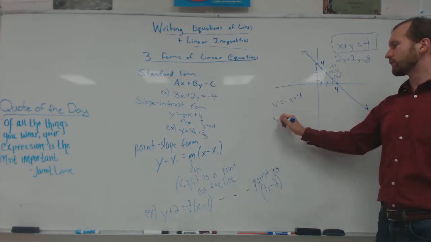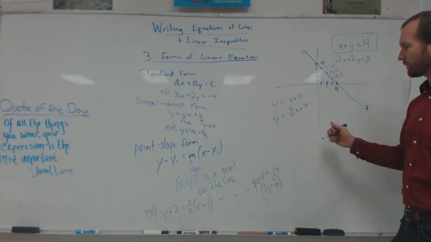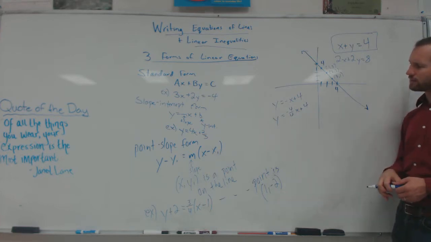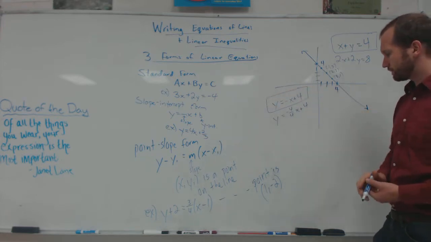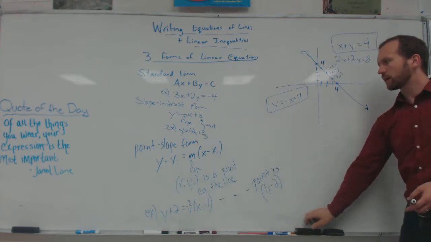Right, so I guess you could write it as y equals negative 4 over 4 x plus 4. It's like a slightly different way of writing the slope, but that's going to be our form. Okay.